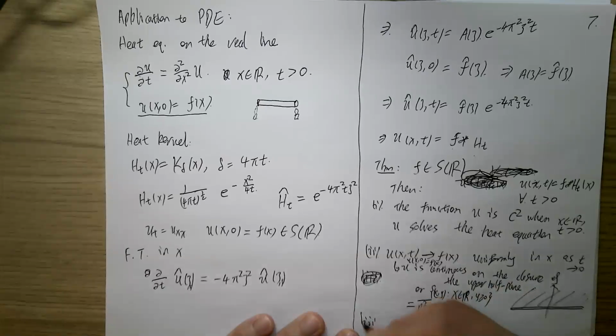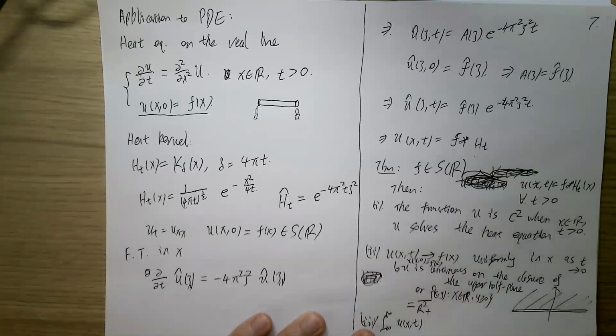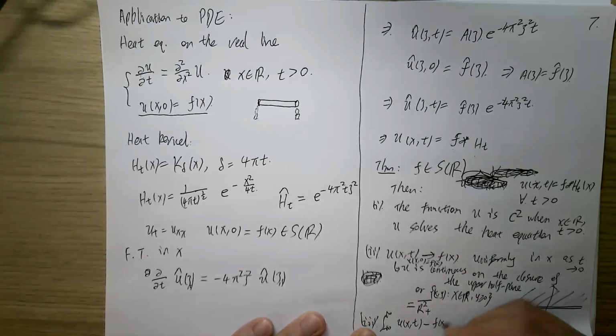And lastly, we also have the integral from minus infinity to infinity. It doesn't only converge pointwise and uniformly, but it also converges globally as t goes to 0.